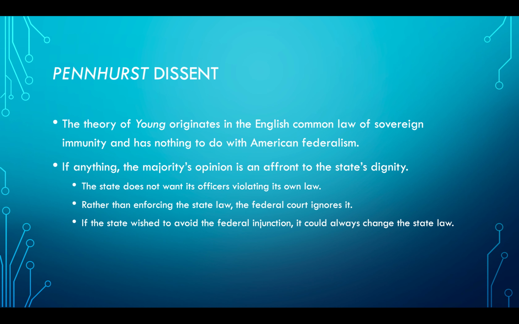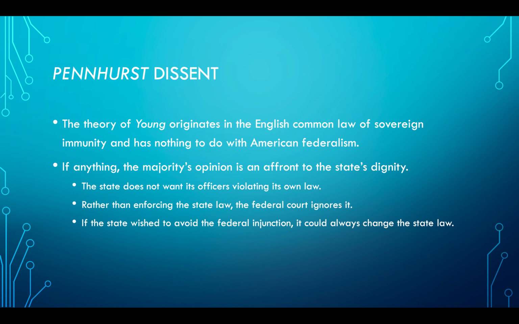And why does that make sense? Well, think again, what is Young limited to? Young is limited to prospective injunctive relief, so relief that's going to happen in the future. If you don't want your officer to be bound by whatever injunction the federal court issues, then simply change the law, and there would be nothing for him to do in the future, because the law would be different than what the injunction envisioned it to be, and it would simply become a dead letter then, the injunction that is.